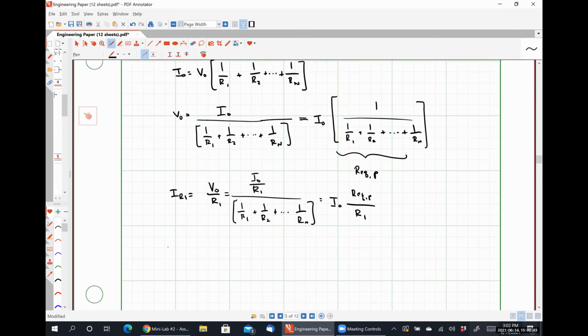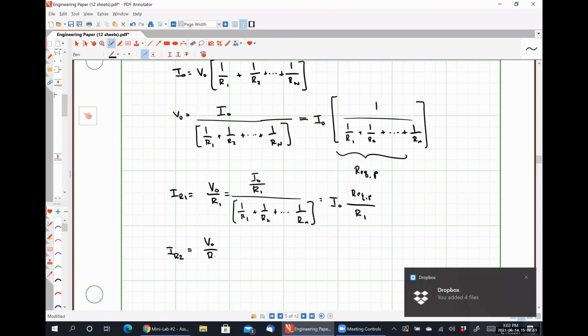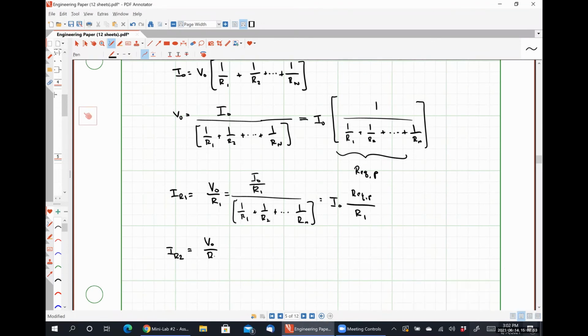Similarly, I could say that IR2 is V naught divided by R2, which is I naught over R2 divided by 1 over R1 plus 1 over R2 plus 1 over Rn, which is the same as I naught times REQ comma P divided by R2.